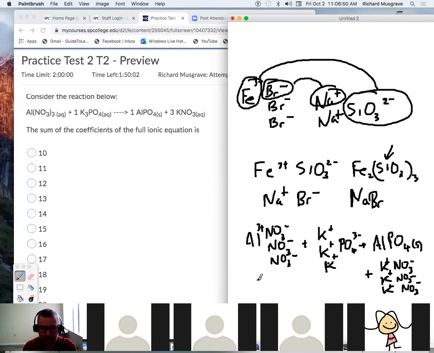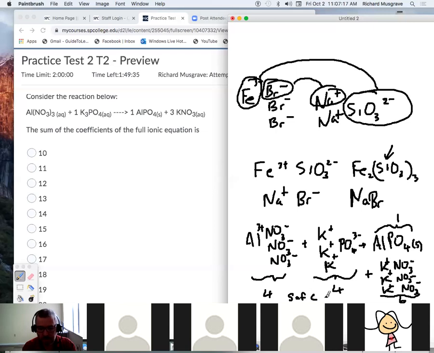So if I add up everything here, I'm going to have 4, this would be 4 ions here, this will be 1, and then the 6, this will be 6 for the KNO3s. So the sum of the coefficients then would be 15.